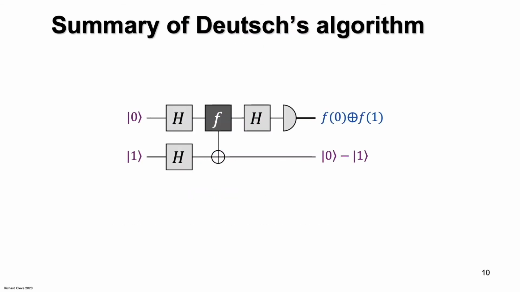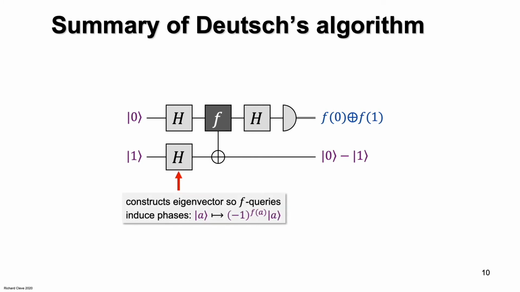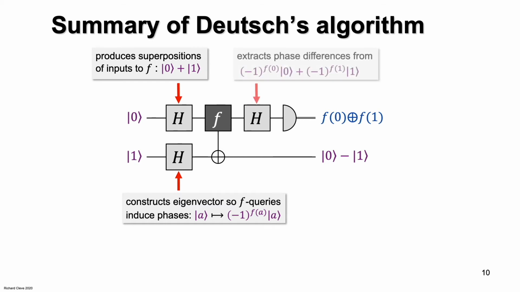To summarize the algorithm, the first Hadamard produces the |−⟩, which causes f queries to induce phases. The second Hadamard causes the query to be in superposition, so the output of the query has a relative phase. And the third Hadamard extracts the phase differences from the state. This accomplishes something with one query that would require two classical queries by a classical method.